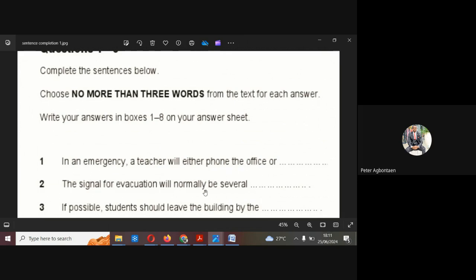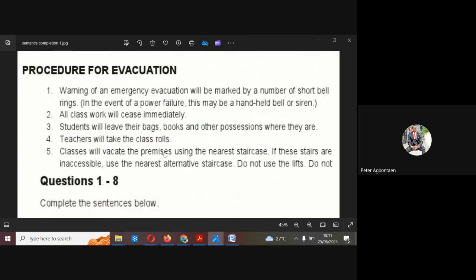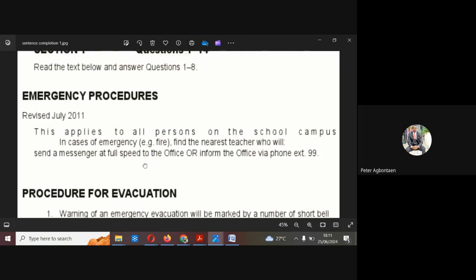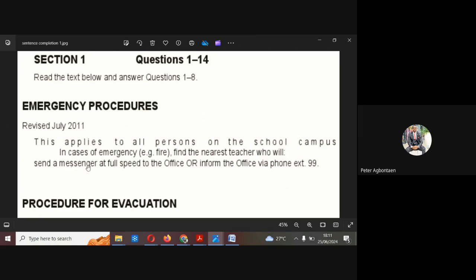From this, we know what is missing, because there are two things we are told in this passage that a teacher will do in terms of emergency.